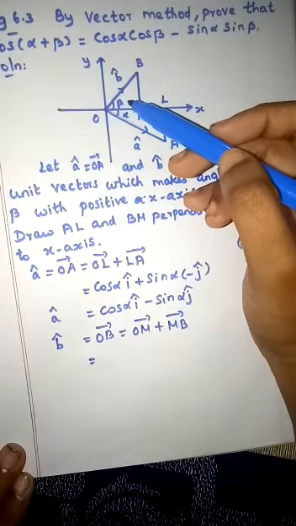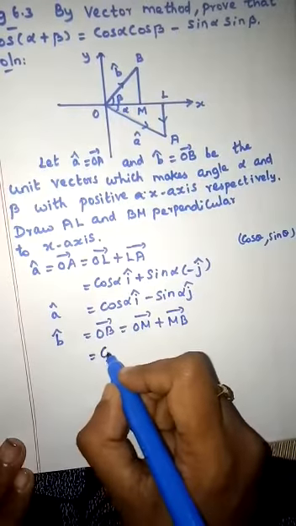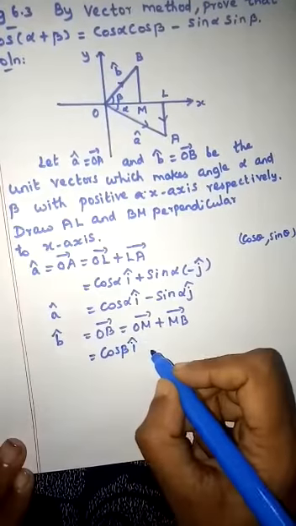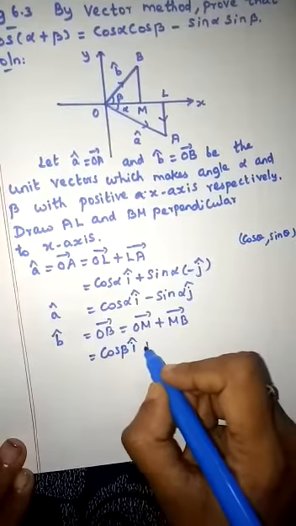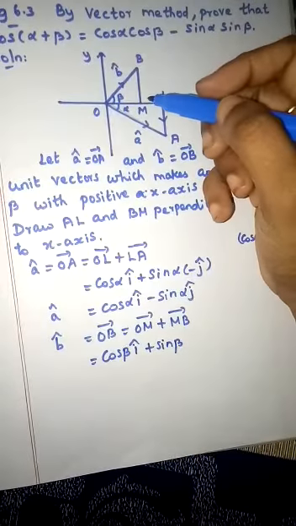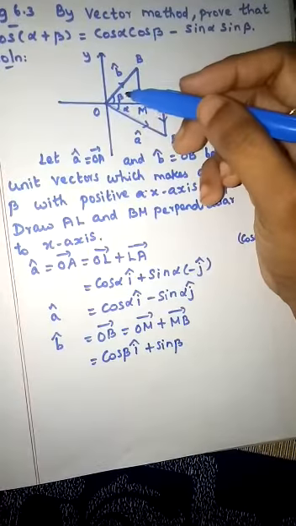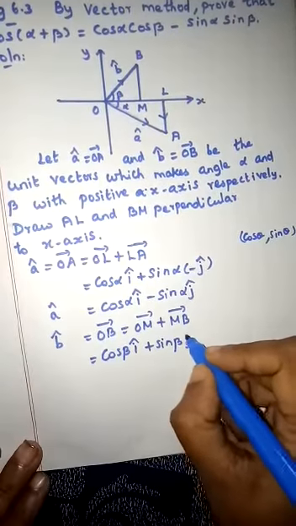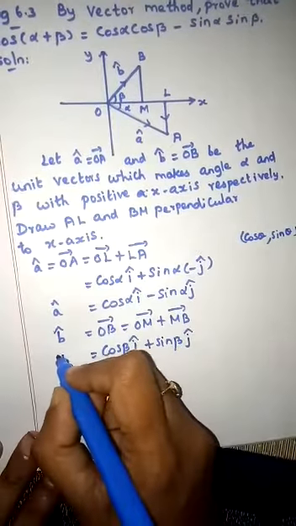The angle is beta here. So cos beta, the direction is I cap. Then next one is sin beta, and the direction is parallel to y-axis but in the positive direction, so just you put a J cap. This is our B cap.